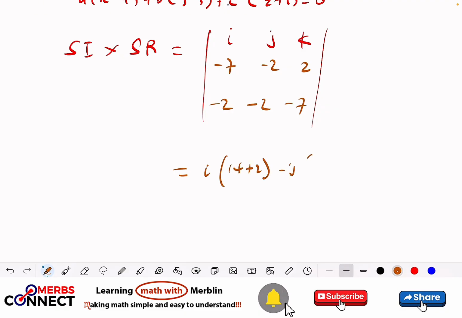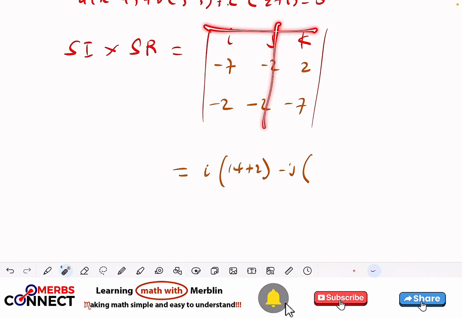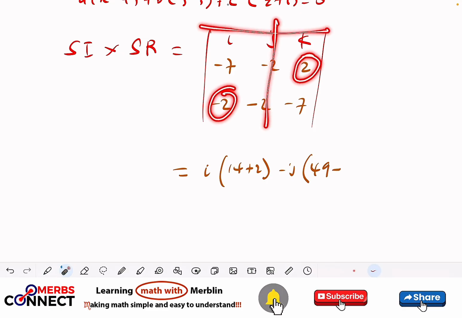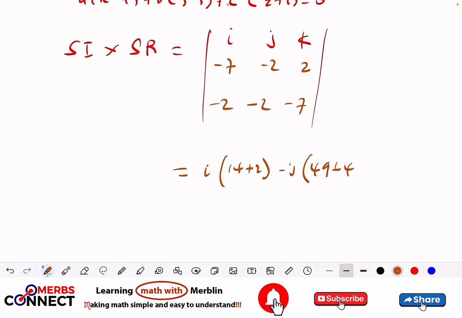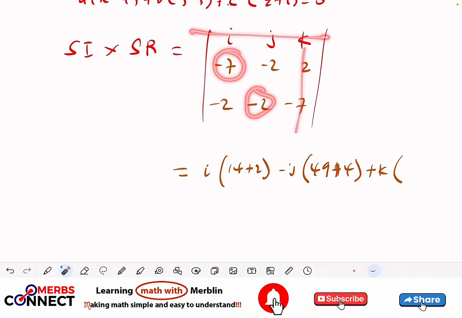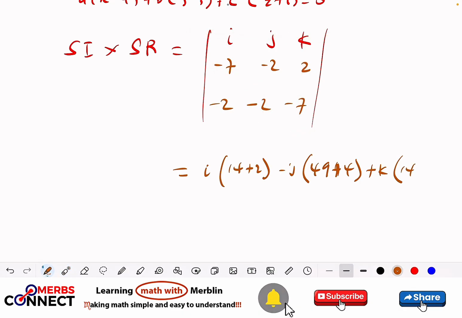Then minus j, this and this will be 49, 7, 49, minus, I just did this times this will be plus 4. Plus k, this cancel this will be 14. So 14 plus 4.